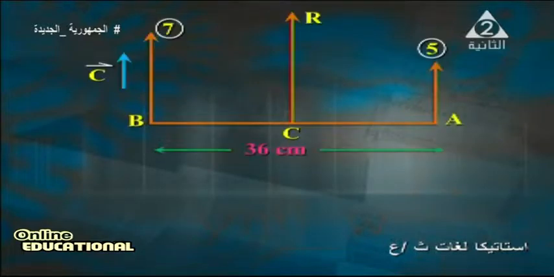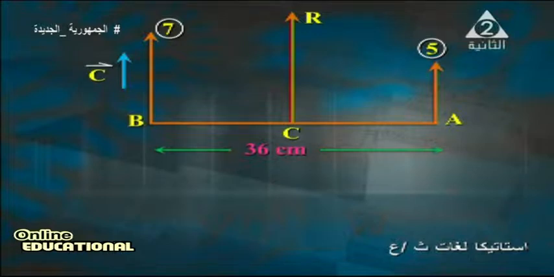Find the resultant of the two forces. Solution. Look, my dear student, we have two forces, 5 and 7, parallel in the same direction, acting at A and B, such that AB equals 36 centimeters.